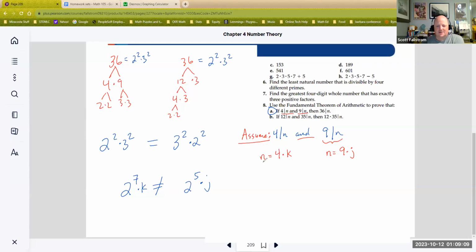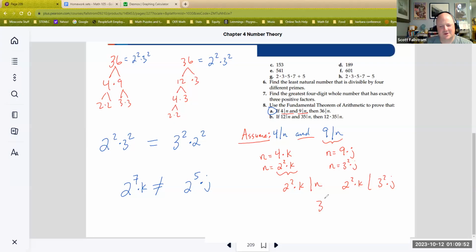Now, if you look at this, one n has a 4 and the other n has a 9, so n is equal to 2 squared times k, but n is simultaneously equal to 3 squared times j. I don't know a whole lot, but if these two are equal, then 2 squared times k has to divide n. But n is 3 squared times j. So I have 2 squared times k divides 3 squared times j.